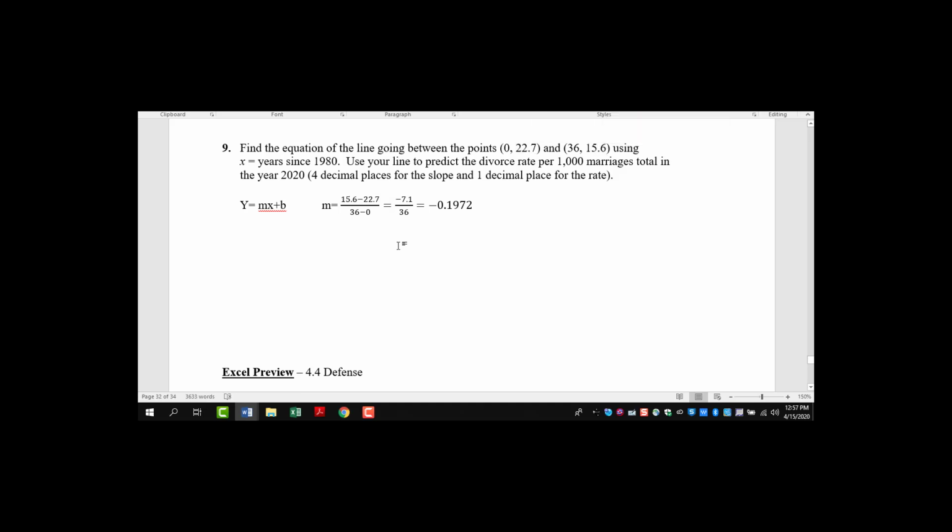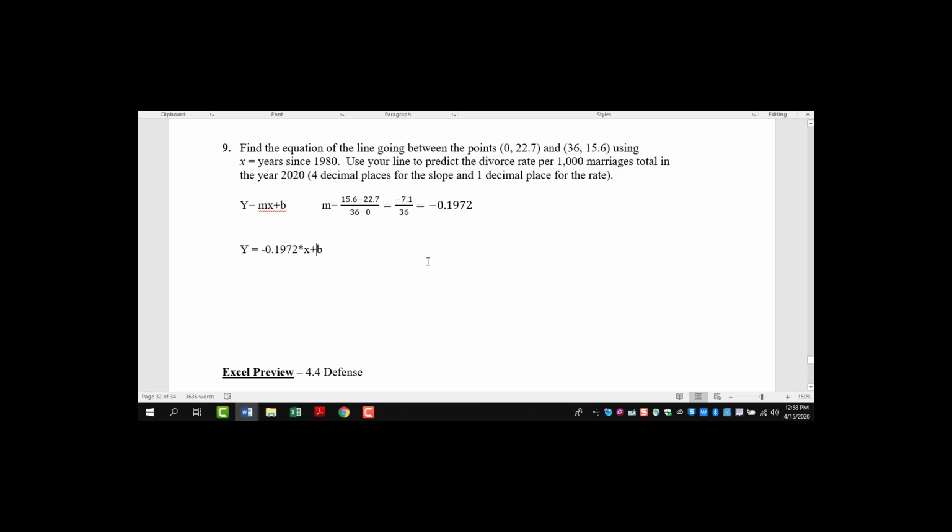So now we have, and let's put in what we have and what we don't have. So our Y is our number of divorces in a given year, and X is the year, and that's how much it's decreasing by.